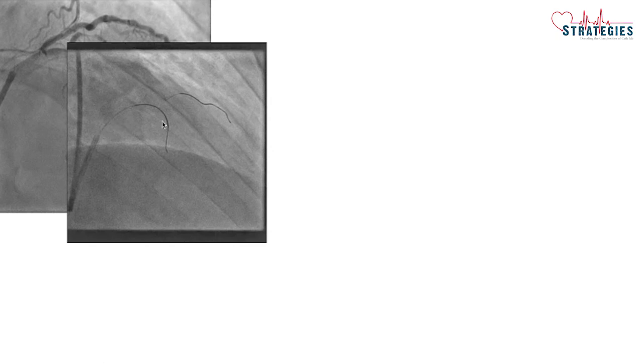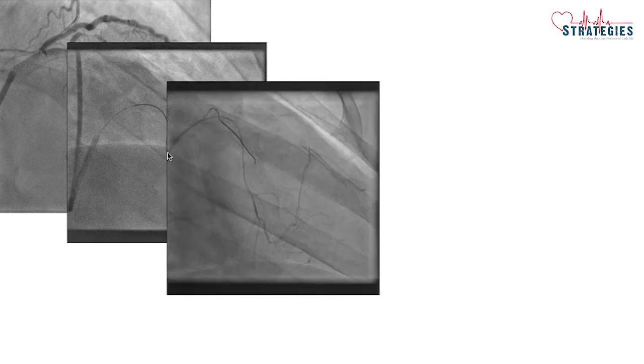This is a Caravel catheter, Caravel 130 centimeters, 150 centimeters, with a cyan blue wire. I entered into the septal collateral, and we kept the Caravel catheter deep into the septal collateral, and then I took a selective septal angiogram.